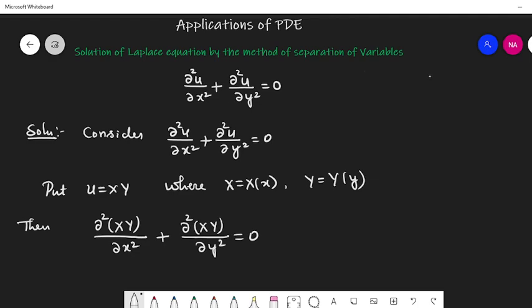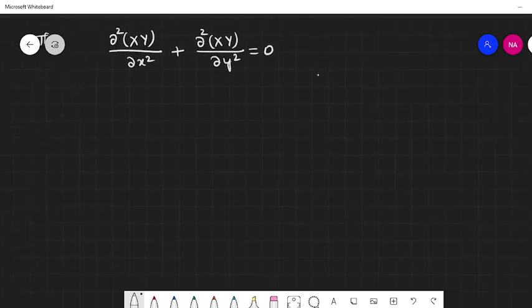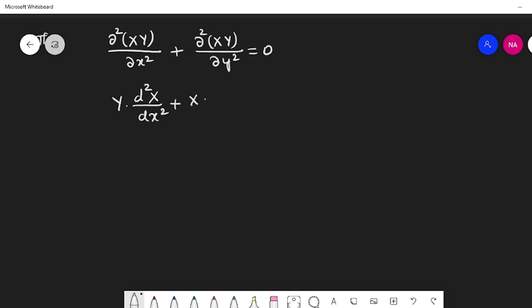Right? Now I have to differentiate this. This will be Y into dou square X by dou x square actually, but capital X is a function of the single variable small x, so we can write d. So Y d square X by dx square plus X into d square Y by dy square equal to 0.